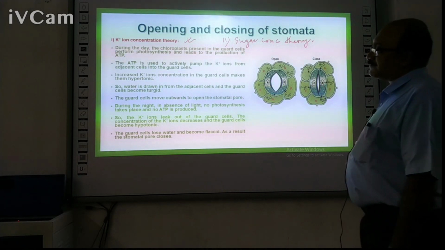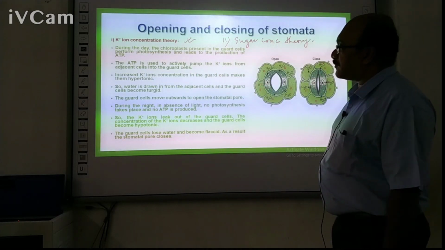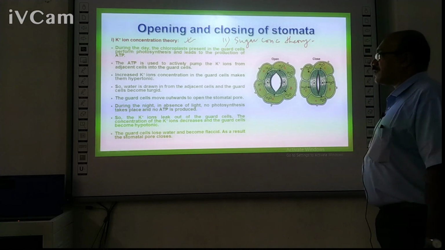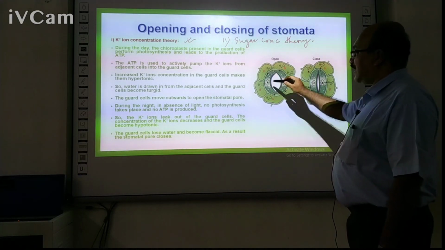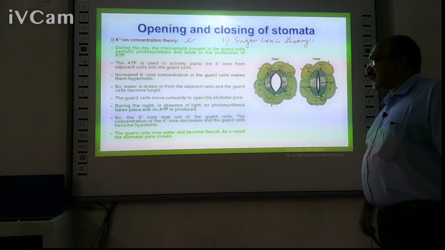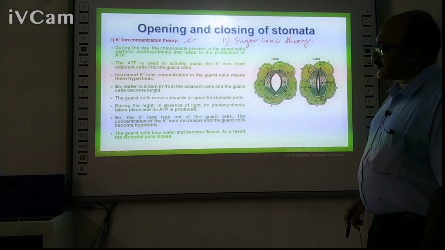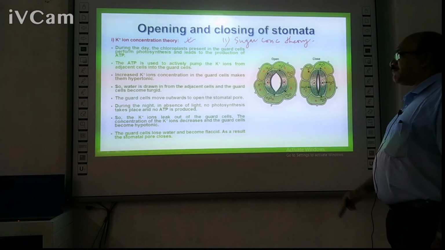During the daytime, the chloroplasts present in the guard cells perform photosynthesis and lead to the production of ATP. So, as we already said, there are chloroplasts present in the guard cells. So, as the sunlight falls during the daytime, these chloroplasts trap the solar energy and perform photosynthesis.